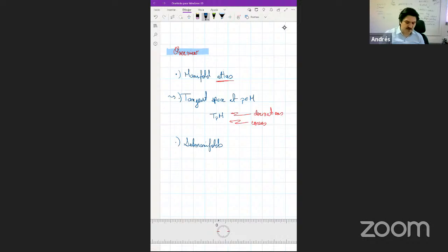So we have another approach of generating new manifolds, right?